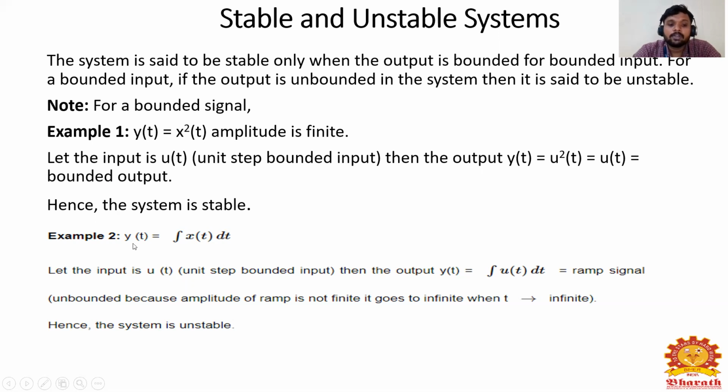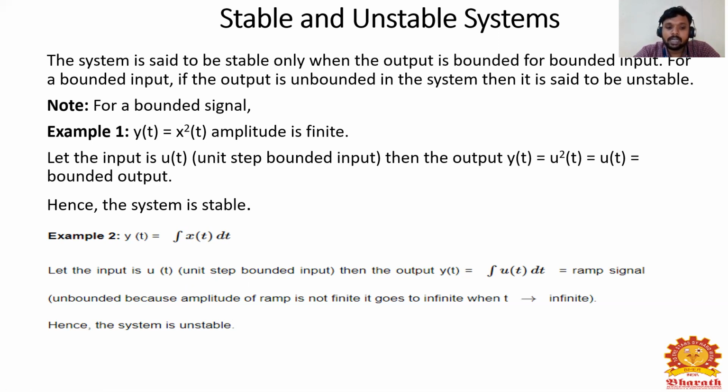Similarly, check example 2: y of t is equal to integral of x of t dt. Let the input be u of t, similar to example 1. So u of t is a unit step bounded input. Then the output y of t is equal to integral of u of t dt, which is a ramp signal.